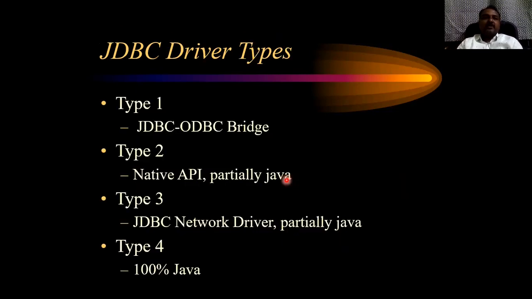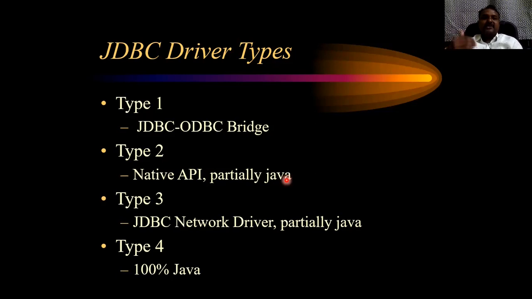So altogether, we are going to have 4 types of drivers. We call them JDBC drivers, and we name them type 1 driver, type 2 driver, type 3 driver, and type 4 driver. We name the type 1 driver the JDBC ODBC driver. And we call the type 2 driver the native API driver.